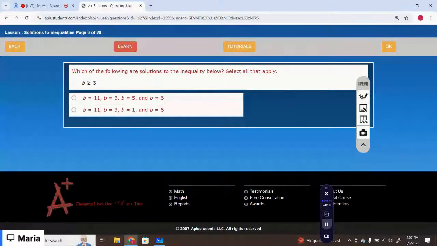And 6 is greater than or equal to 3. Option number 1 is the correct option.